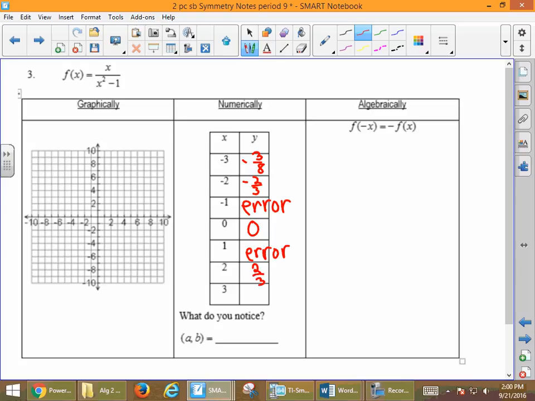And 3, we have 3/8. And I'll do my best to draw this picture, but we do have fractions. So that's the beauty of being able to have the picture on the screen and at least get a rough sketch on your graph.